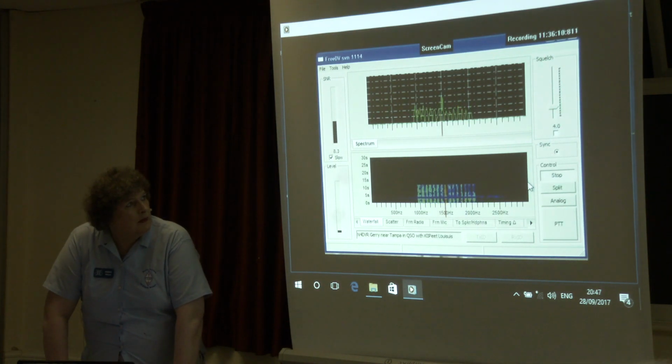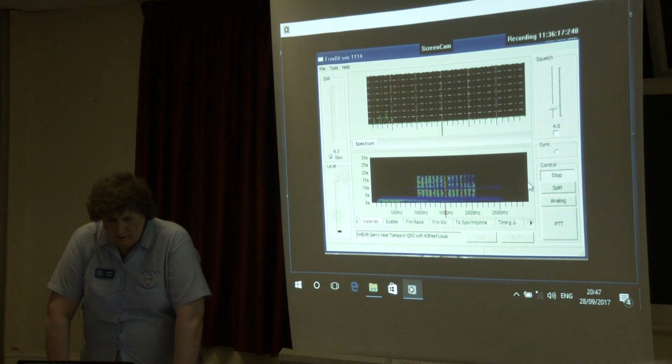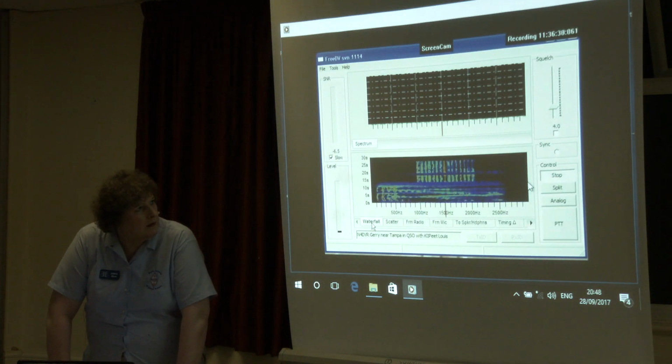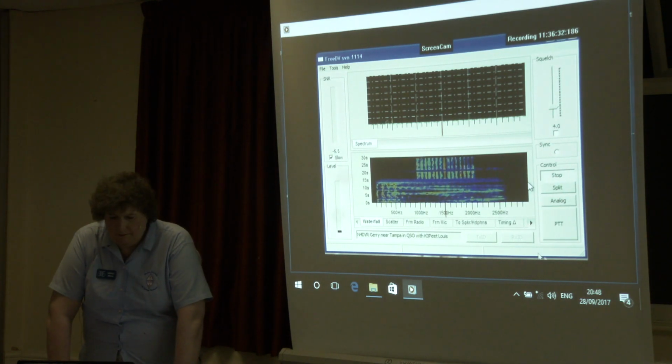Oops, stand by. Okay, this is M4DVR doing the analog mode now. Just to give you an idea here of how much difference there is between sideband and digital. Okay, back to digital.